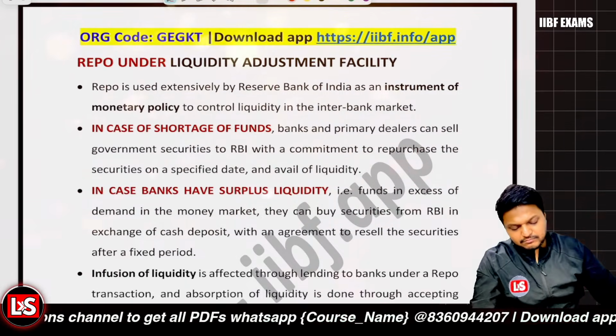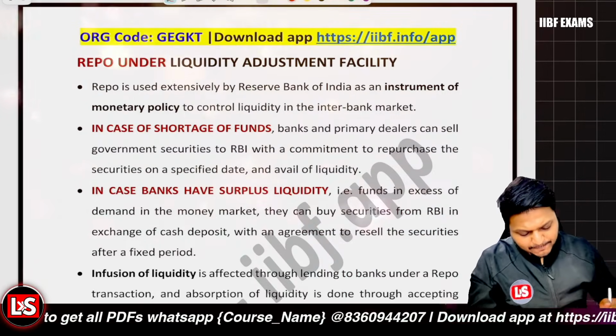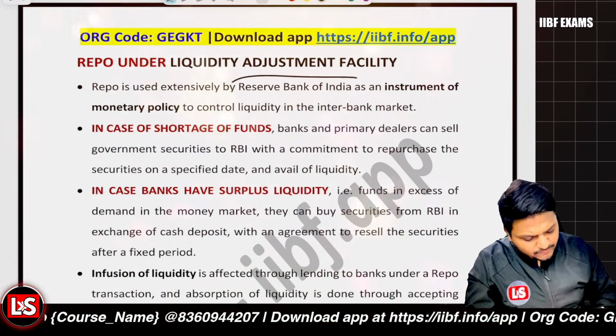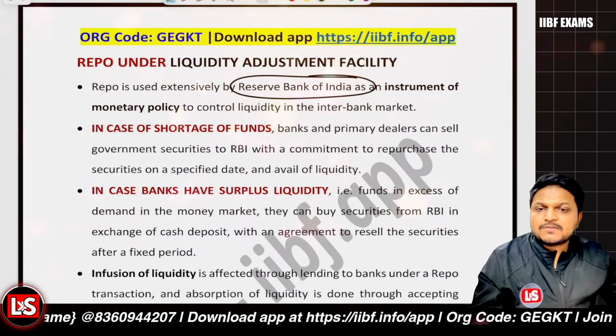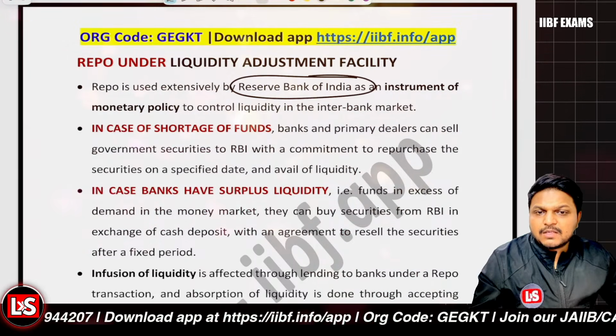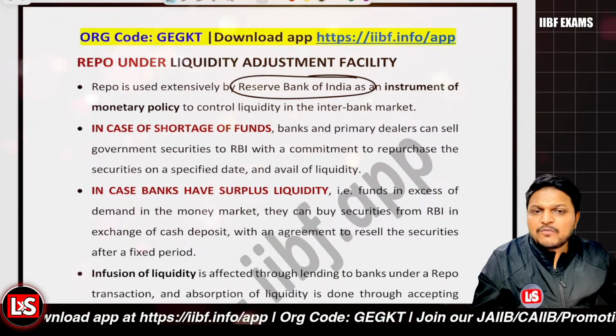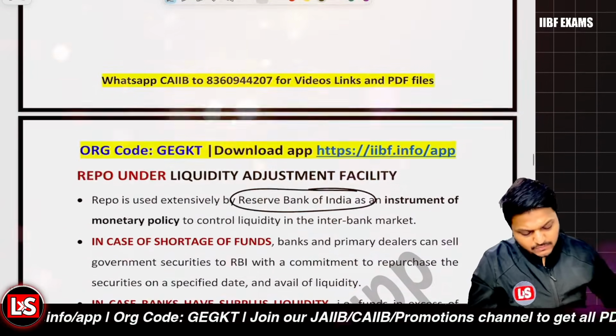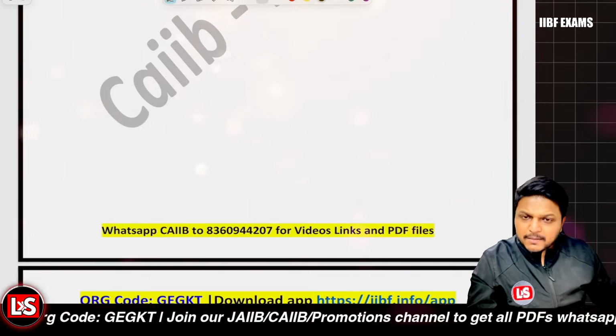Now the repo is used by the Reserve Bank of India extensively for monetary policy purposes. So what is the main objective of the Reserve Bank of India? They want to control the liquidity in the banking system.